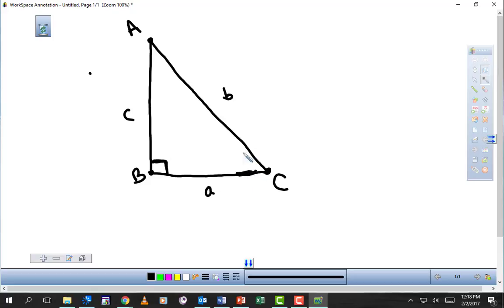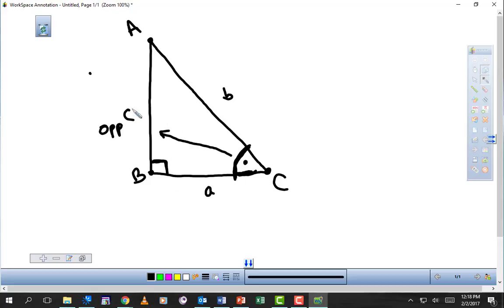Now here's the thing. Imagine this is an angle, right here. The way I like to think of it, and I'm sharing secrets now, so pay attention: imagine this is an eyeball looking this way. When the eye is looking at this side over here, it's always looking at the opposite side. So from angle C, this would be the opposite side.